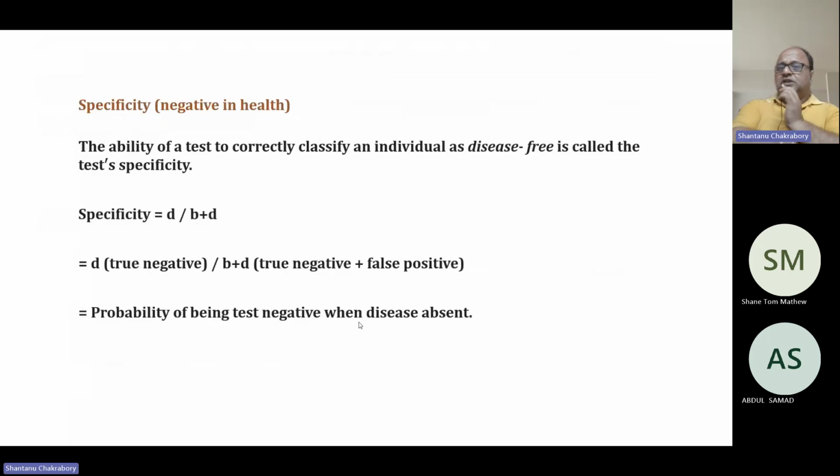So the ability to correctly classify an individual as disease free is called the specificity. That is true negative divided by true negative plus false positive will give you the specificity. That is the probability of being tested negative when the disease is absent. So that is basically the specificity.